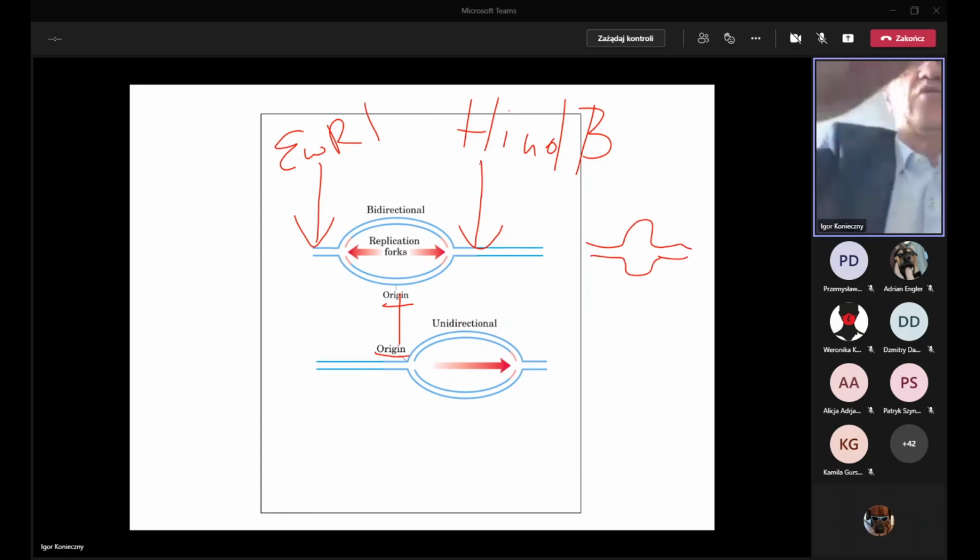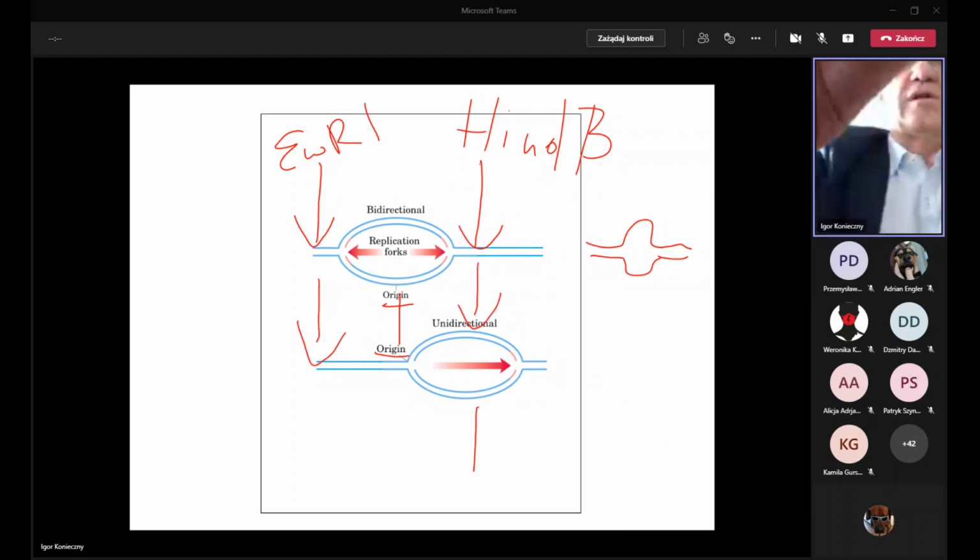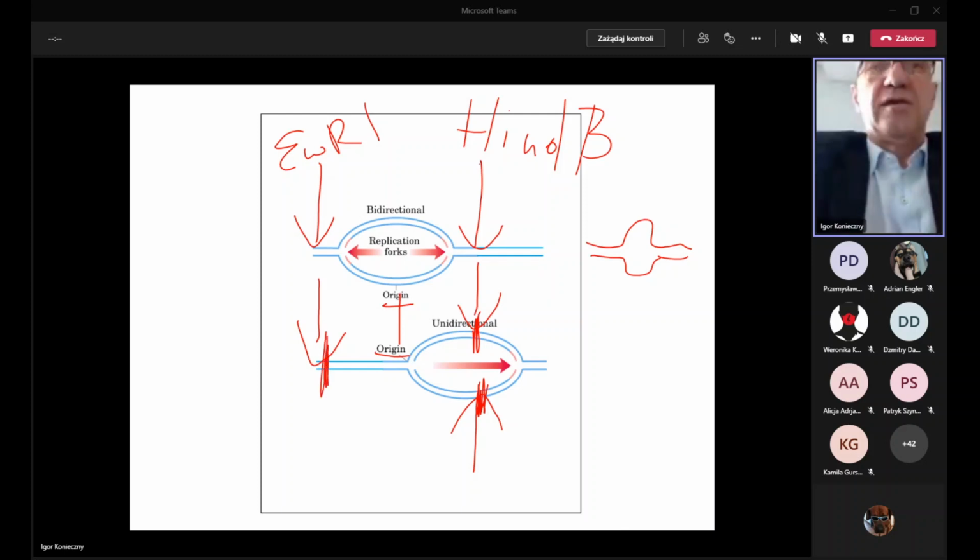But if you use the model with unidirectional replication, you will have a cut over there, and over there. So you would get something which looks like this: a Y structure, and this bubble-like structure.